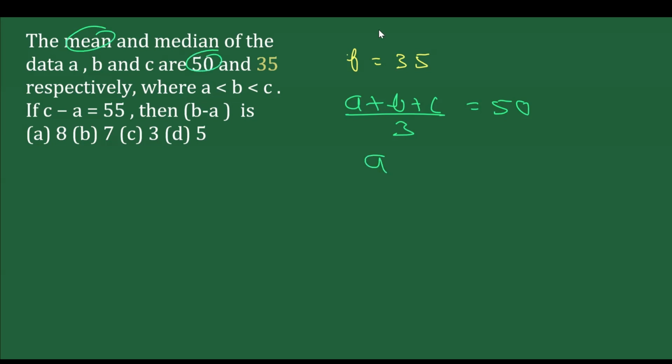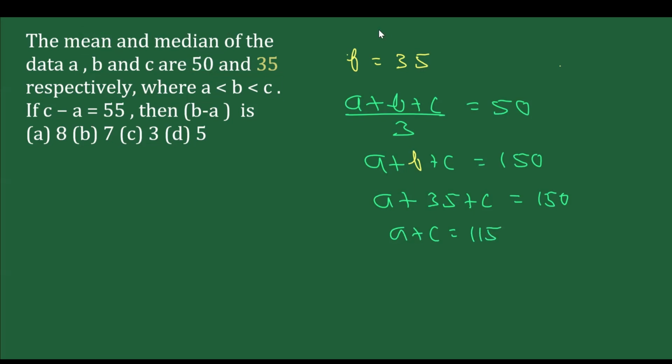So we can transpose 3 to the other side, which gives A plus B plus C as 150. We know the value of B, so if I plug in B as 35, A plus 35 plus C is equal to 150. By transposing 35 to the other side, A plus C should be 115.